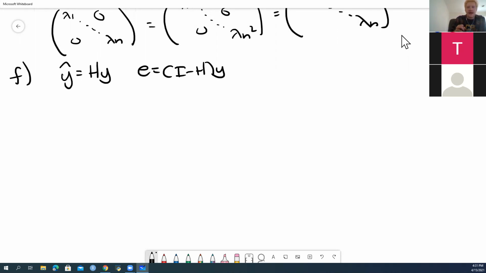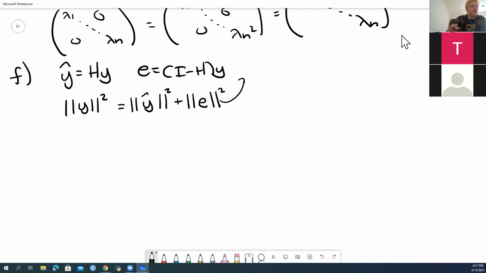And they want you to prove a couple things. The first thing is that the L2 norm of y squared is equal to the L2 norm of y hat squared plus the L2 norm of e squared. So whenever you see this, there are a lot of norms. In general, assume it's the L2 norm.